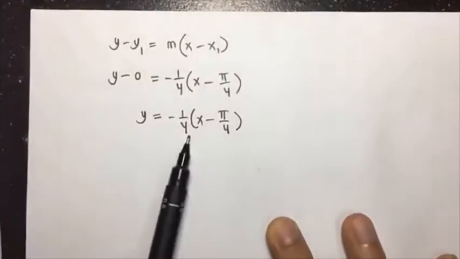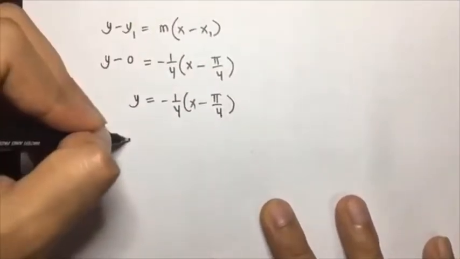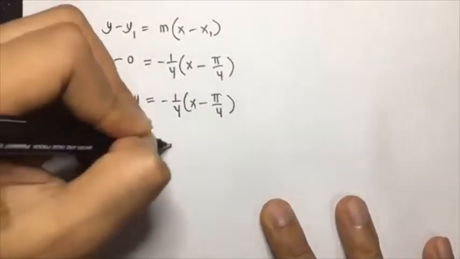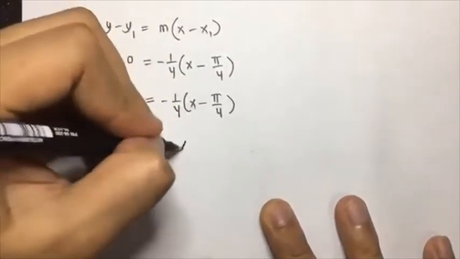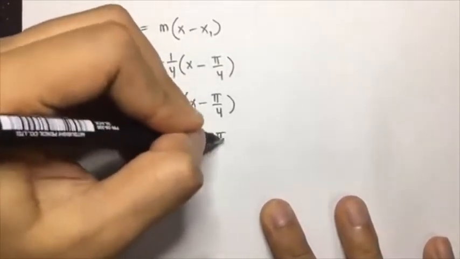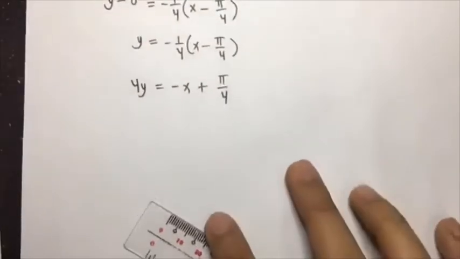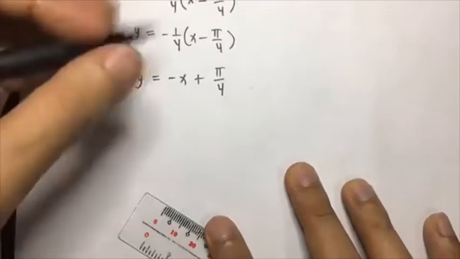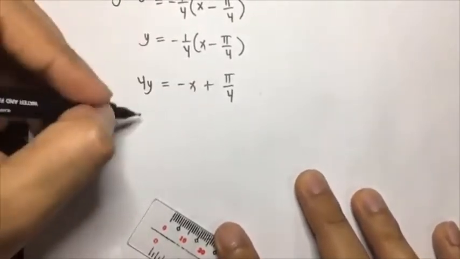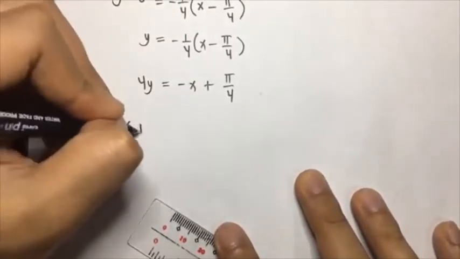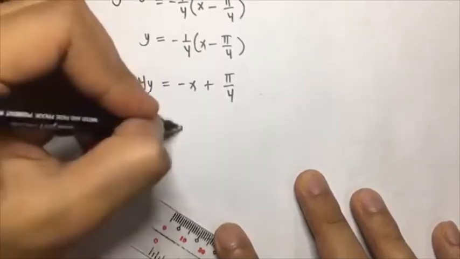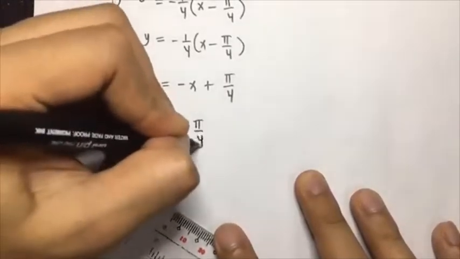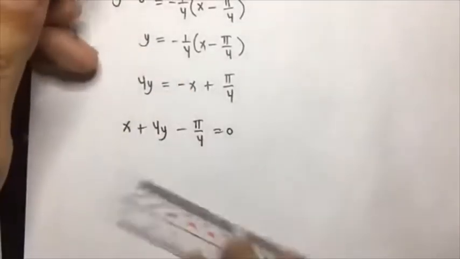So we can cross multiply 4 to the other side, so it will become 4y is equal to negative x plus pi over 4. Okay, so transposing, it will become x plus 4y minus pi over 4 is equal to 0.